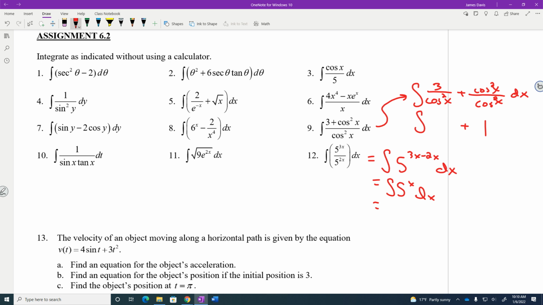We don't have a thing that we can differentiate that gives us that, right? We need to think, what function do you take a derivative of that gives you one over cosine squared? So we still need to do something different.